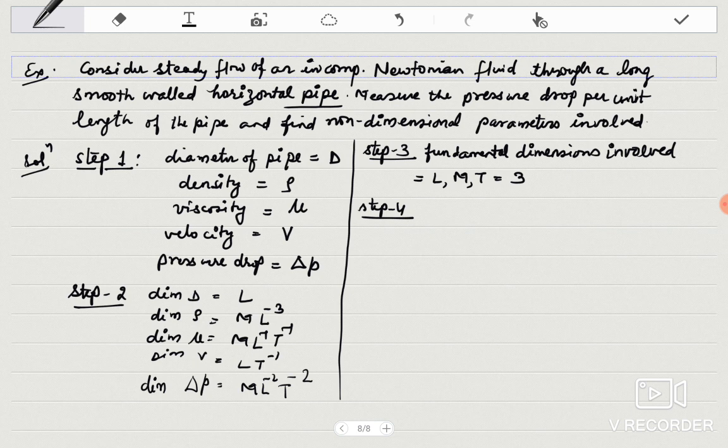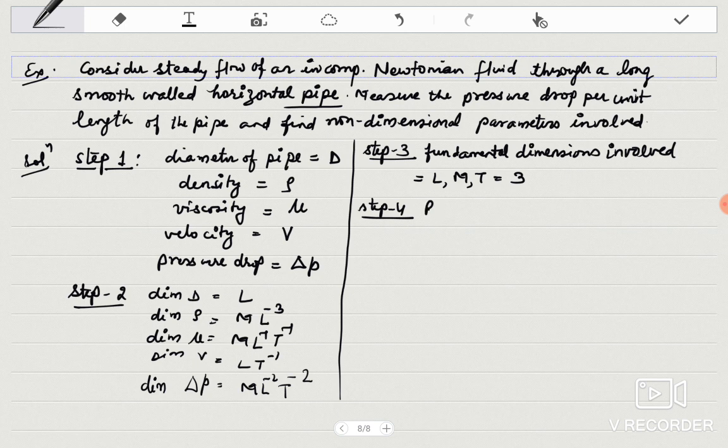So when I choose 3, I have to choose these 3 out of these 5. And as I told you earlier, one should be geometrical, one should be kinematical and one should be dynamical. We should try to take in this way. In this case, diameter of the pipe may be taken as a repeating variable.